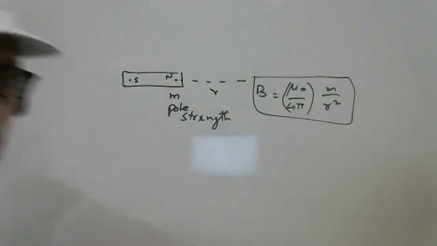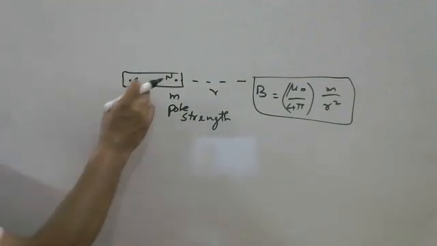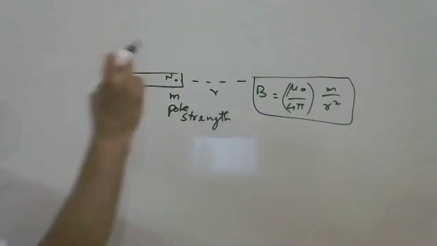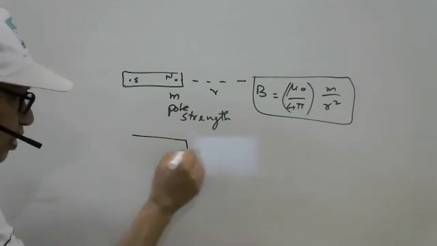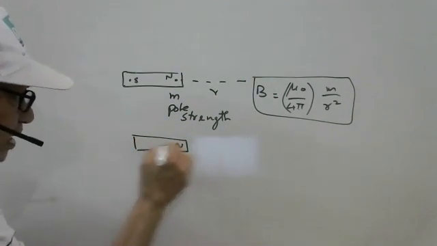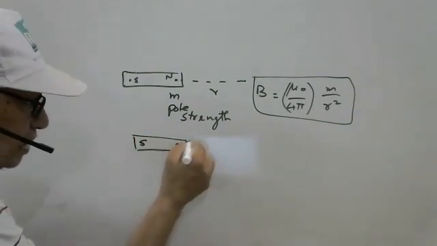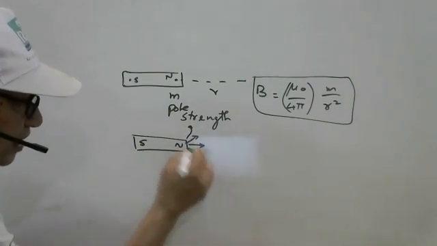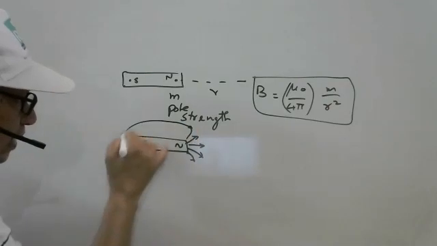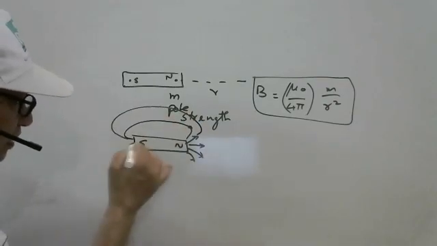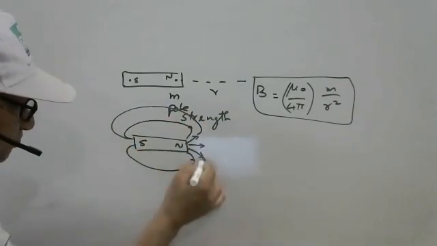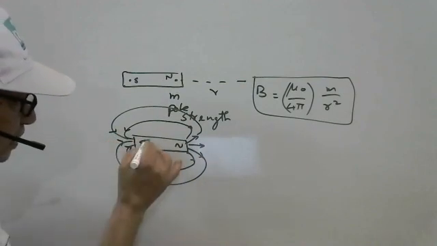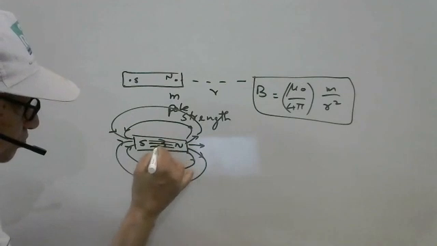Pole strength for the north pole as well as for the south pole must be the same. Lines of force are coming out from the north pole and terminate at the south pole, and inside it is from south to north.